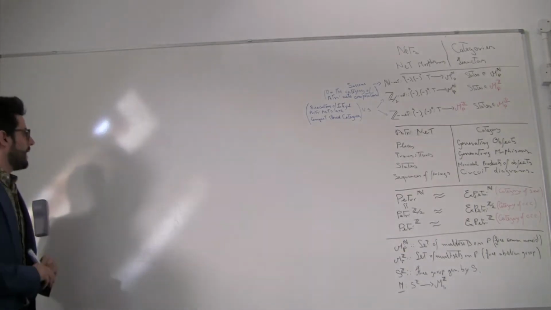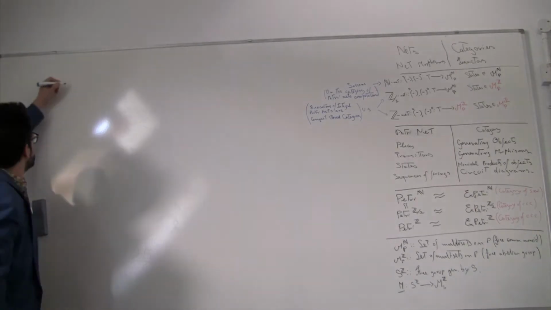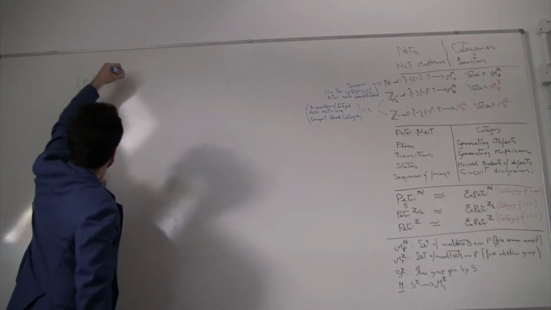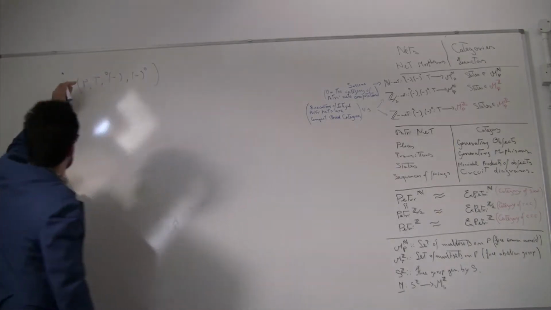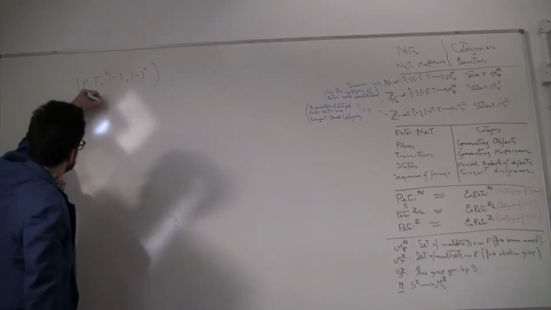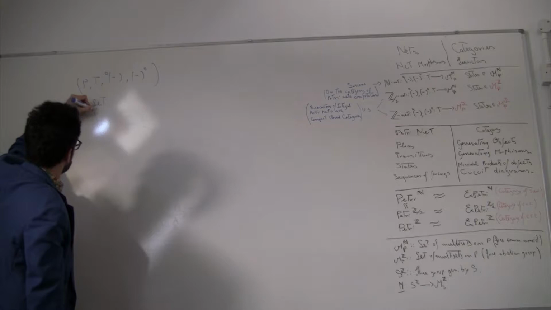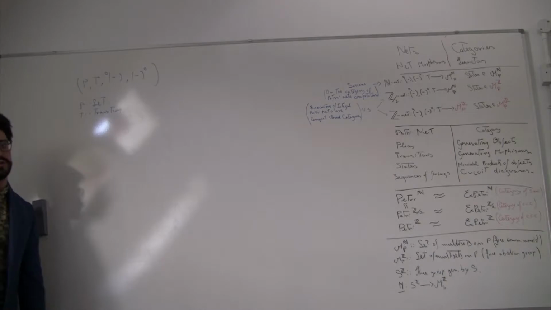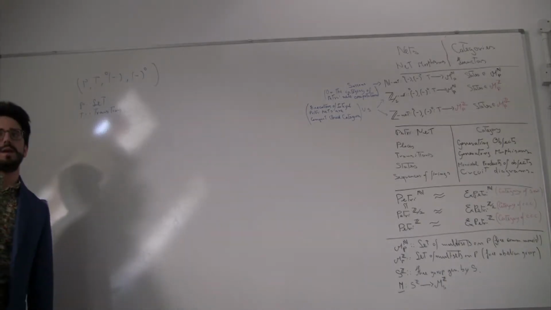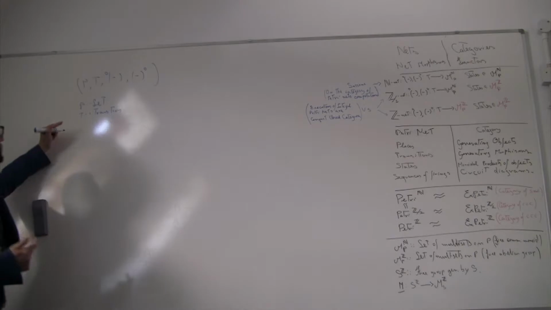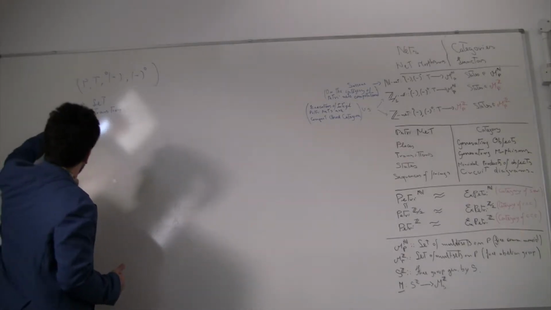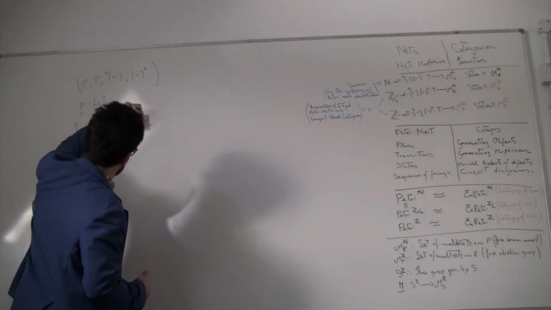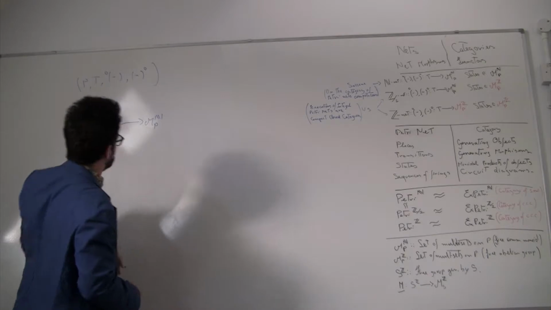Okay, so a Petri net can just be represented as something like this, where P is a set of places, T is the set of transitions, and these things are called input and output functions, and they are basically telling me how transitions are connected to places. They are basically functions like this.